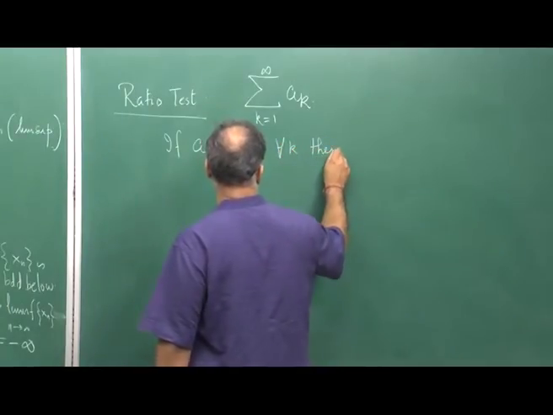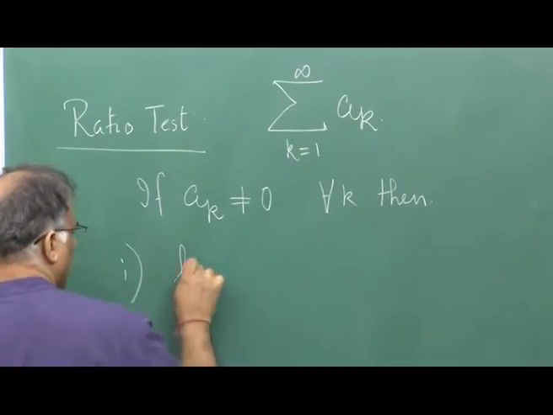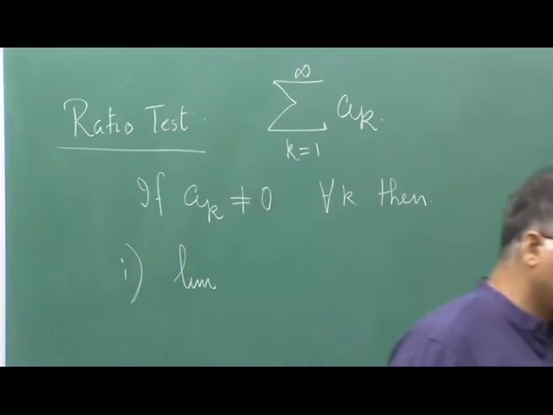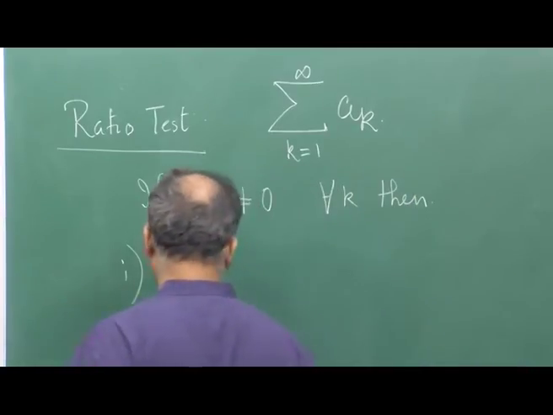then number 1, you take the limit supremum. I am just giving you the information from the book of Peter Duren, which I mentioned in the last class.